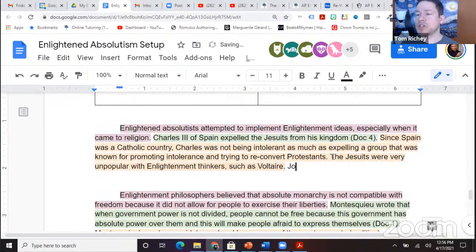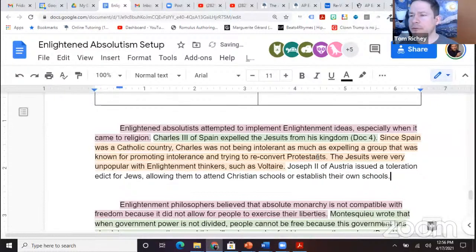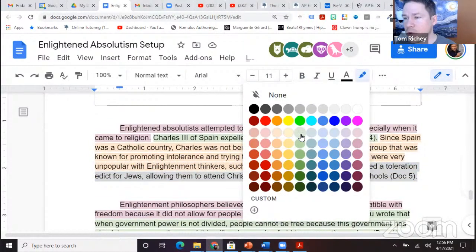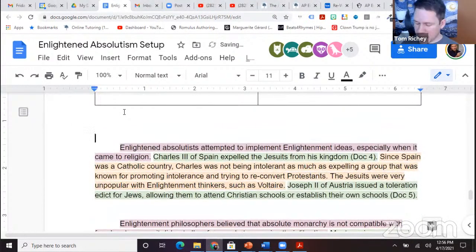And then we see here that Joseph II of Austria issued a toleration edict for Jews, allowing them to attend Christian schools or establish their own schools. Now, I've got document 5. Now I can add my insurance on HIP, or I can say I've already got 3 and I'm running out of time, which we're quite literally doing here, so we're going to do that. And then basically I've got my thesis statement by combining these 2 together.